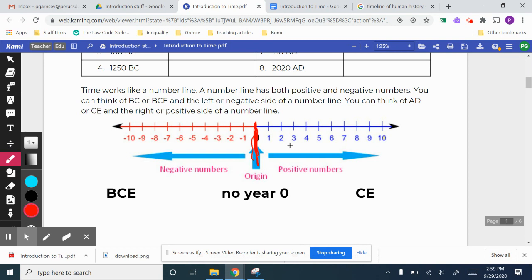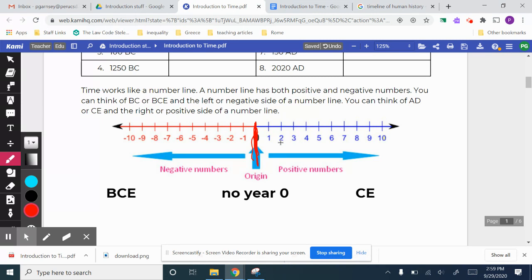What basically happened is you had different societies that invented writing or time at different times in their development. So if you were in Rome, you might think it's 1 year, and if you were in China, it might be a different year.